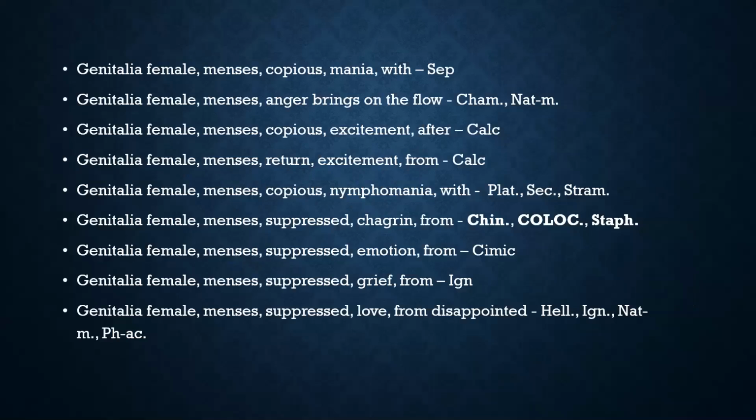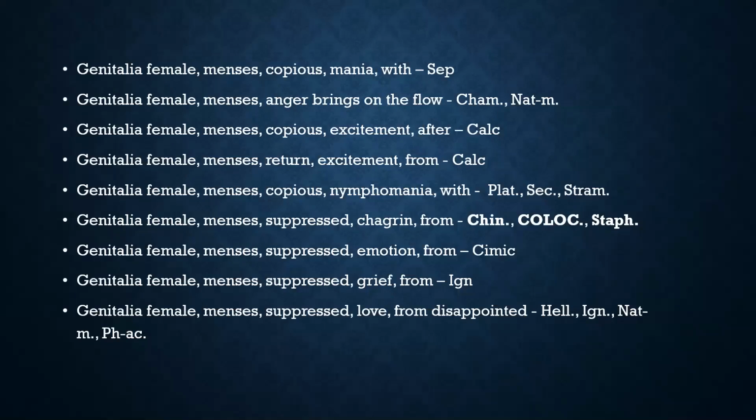Now, under the chapter genitalia female, we can see menses copious, mania with, or menses anger brings on the flow, or we can say after the excitement, menses will be copious, or excitement from, menses will return. Then a female who is having a menstrual pattern which is very profuse in nature, or copious, with nymphomania.